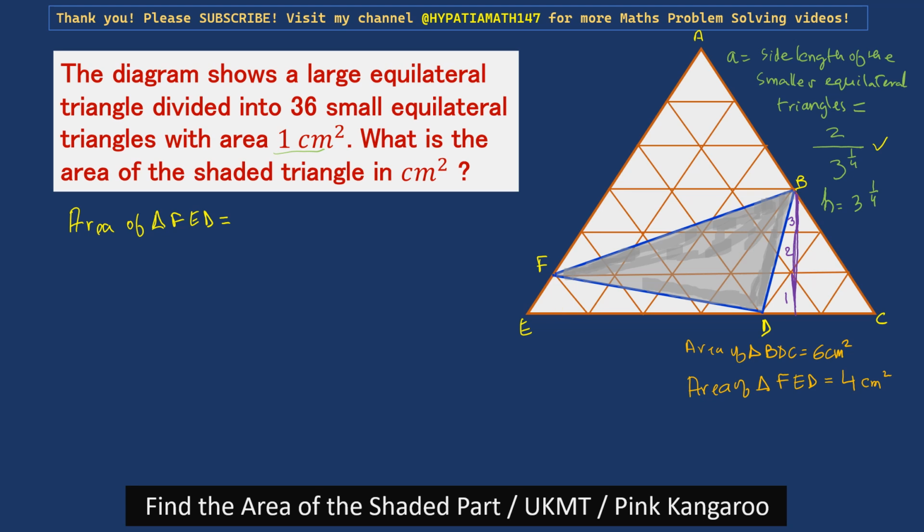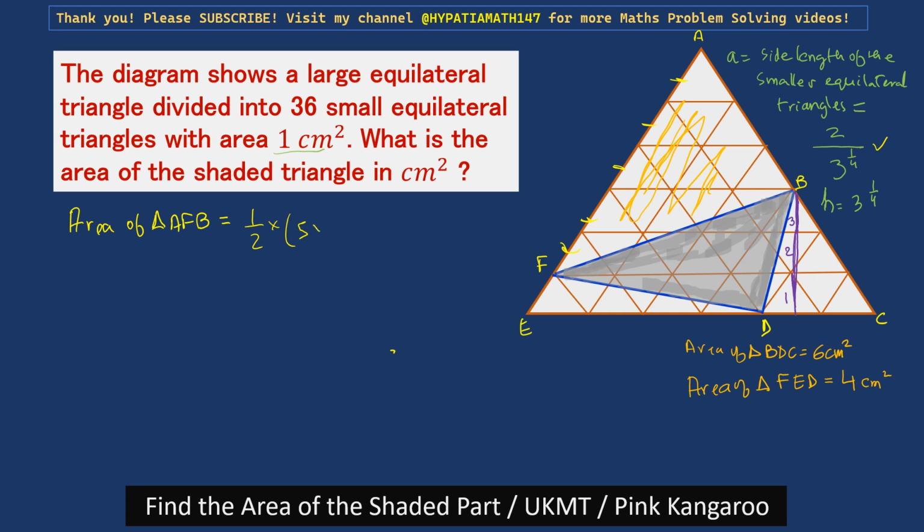So then I am going to work out the area of the other white bit, which is this one. So that is triangle AFB. So the area of triangle AFB would be again half times the base. So what is the base? 1, 2, 3, 4, 5.